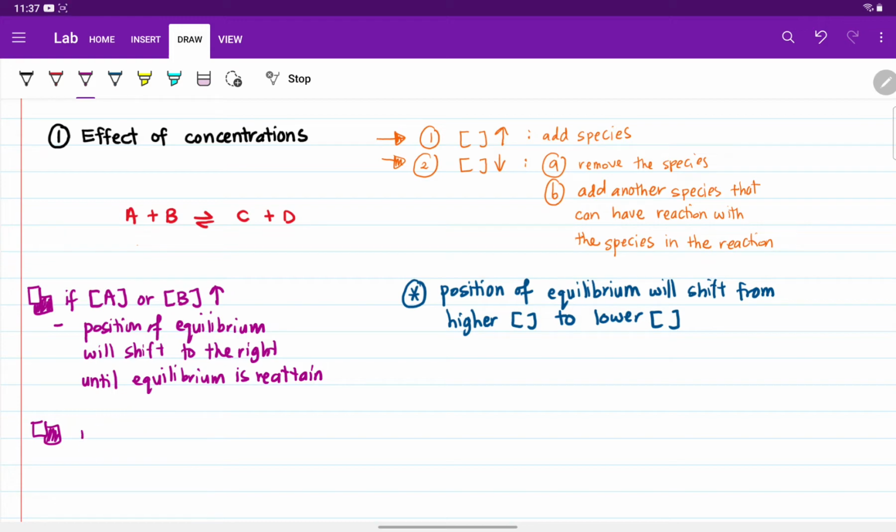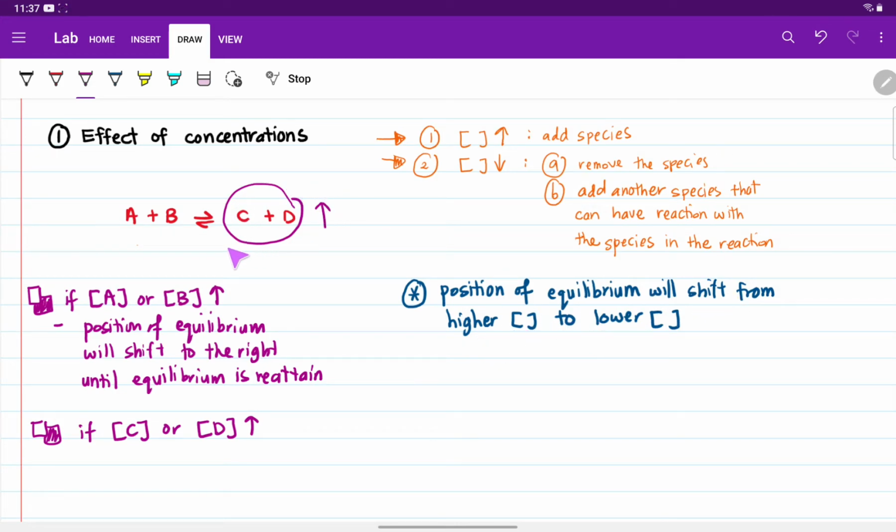Okay, katakan, what happen if concentration of C ataupun concentration of D yang bertambah? Okay, sama juga ini untuk yang tambah. Kalau concentration C dan D yang bertambah, maksudnya dekat sini, yang ni tinggi. So, bila yang ini tinggi, produk adalah sangat tinggi, so the position of equilibrium will shift from higher to lower.